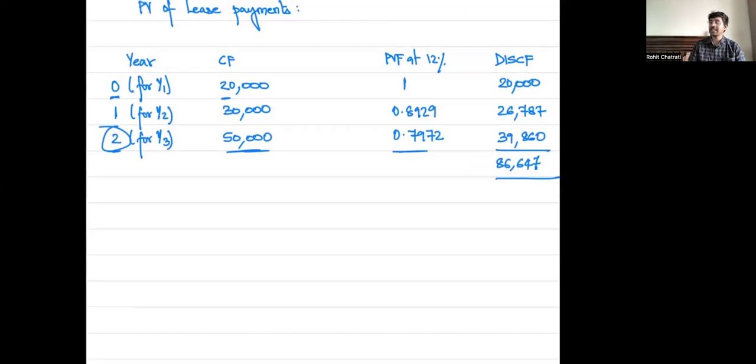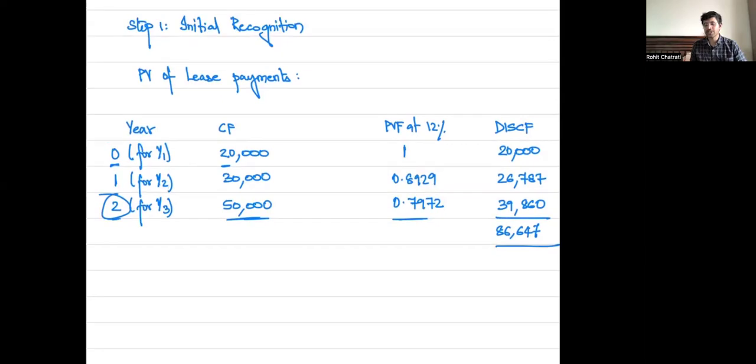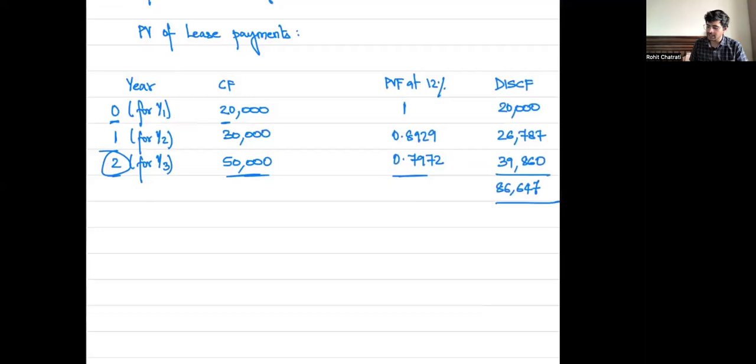Now it has come to 86,000. Why is this higher? Because under original illustration 30, the cash flows were standing at the end of year 1, end of year 2, and end of year 3. Over here, the cash flows are standing today, year one and year two, and therefore we are having a discounted cash flow of 86,647.